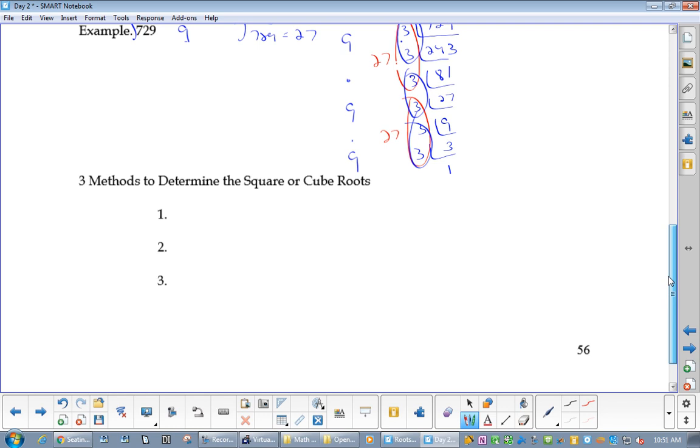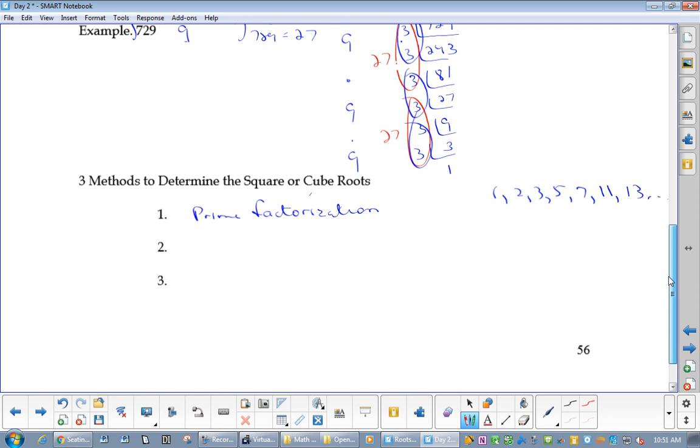Now, a method to find square roots is prime factorization. That's what I just did. Does anyone know what a prime is? 1, 2, 3, 5, 7. What's the next one? No, before that one. 11, then 13. Dot, dot, dot.